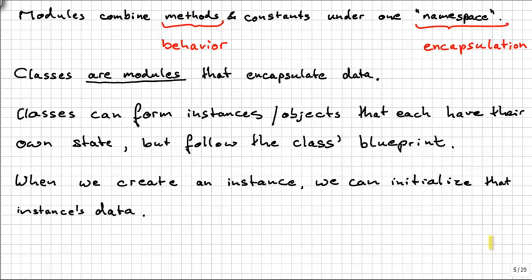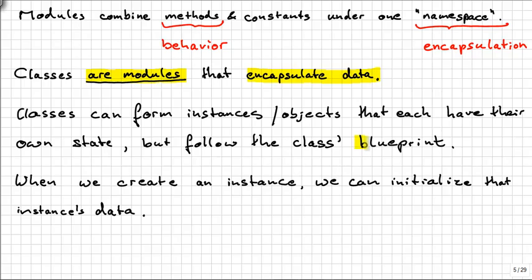Now classes take this one step further in that they are modules, meaning they are collections of behavior and have encapsulation capabilities, but they also encapsulate the data these methods operate on. So when we have classes, we can form instances or objects that each have their own state, but otherwise follow the class's blueprint.